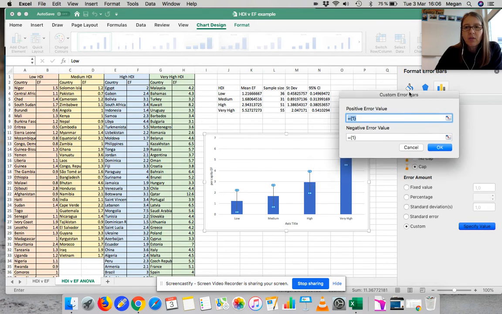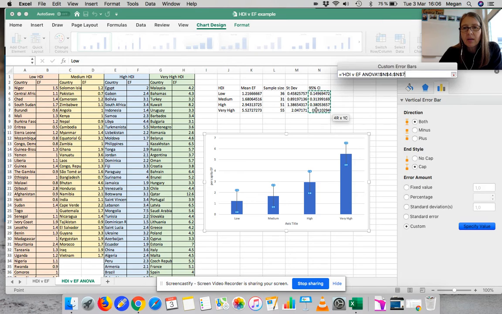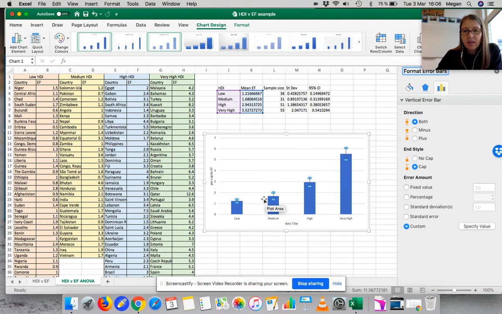So I can move this over to the side. What I'm going to put in here and here are the same thing. I just want to highlight, so I can erase where that is, and I highlight the confidence intervals, those 4 values. So you can see it's just those 4 values that have been highlighted. I hit OK, and you can see that now those confidence intervals are individual for each of the categories.